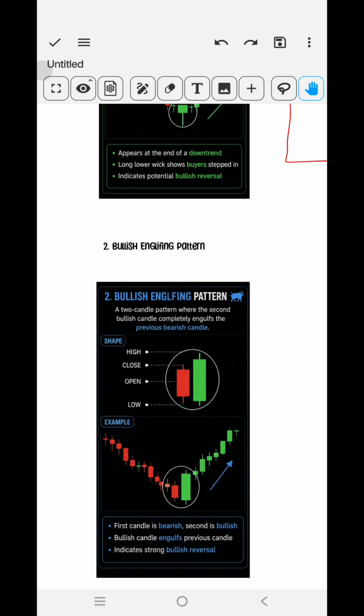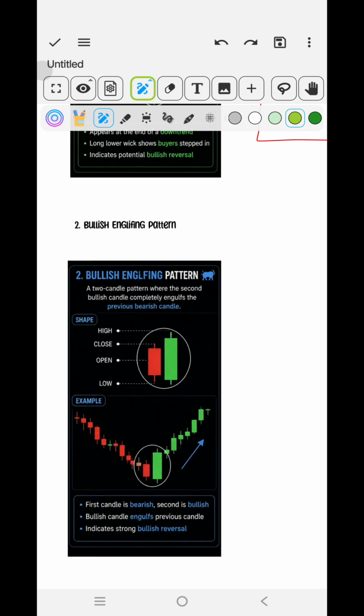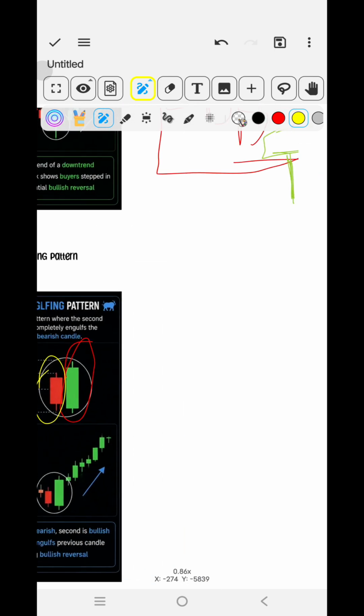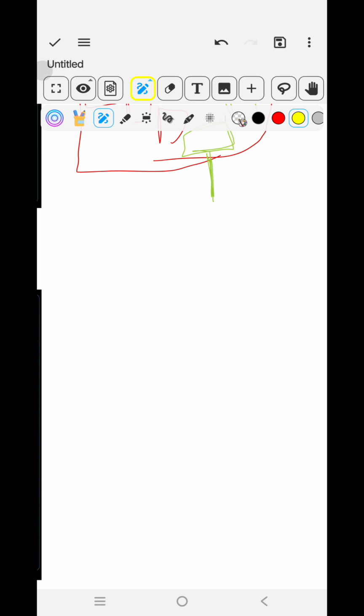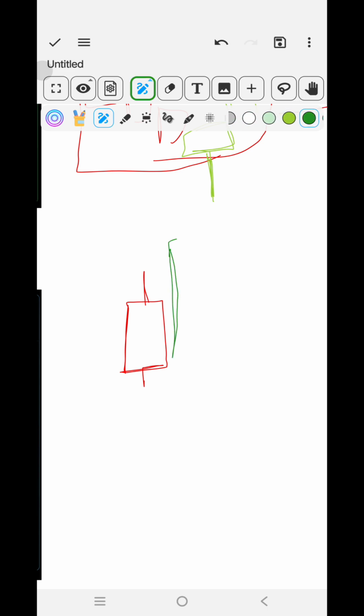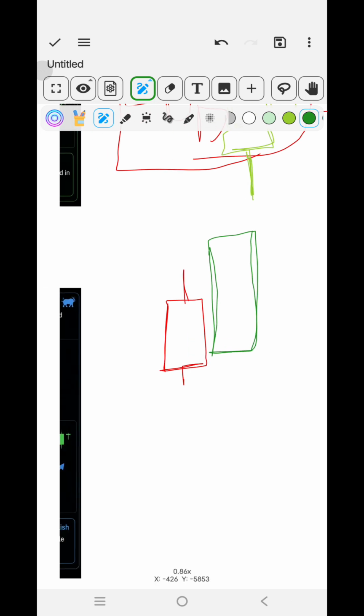Next is the bullish engulfing pattern. This pattern consists of two candles, one red candle and one green candle. Let me make this for reference. This is a red candle first, and there is a green candle second, like this.